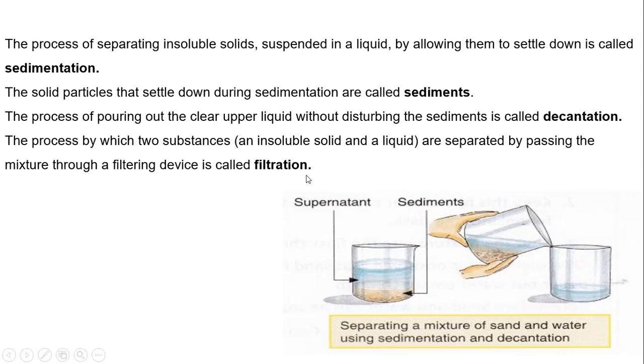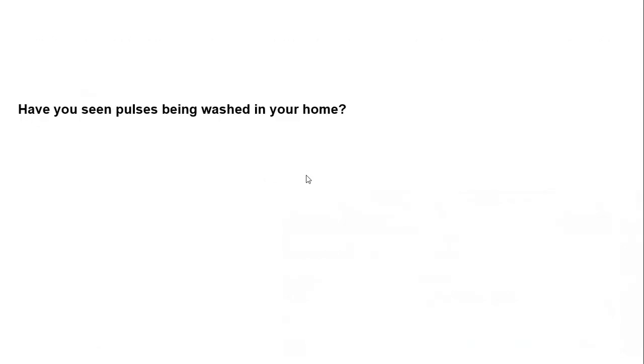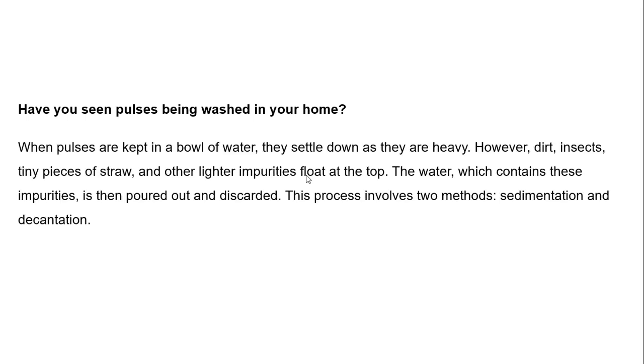Now let us discuss the methods. Have you seen pulses being washed in your home? Of course. Now when the pulses are kept in a bowl of water, what generally happens? The heavier pulses get settled down as they are heavy.